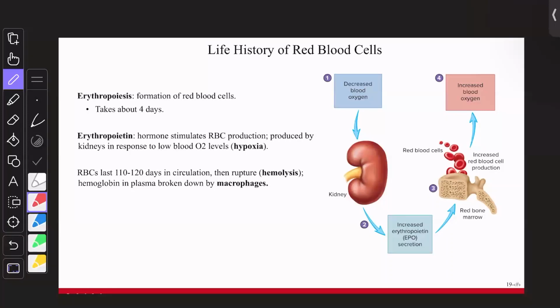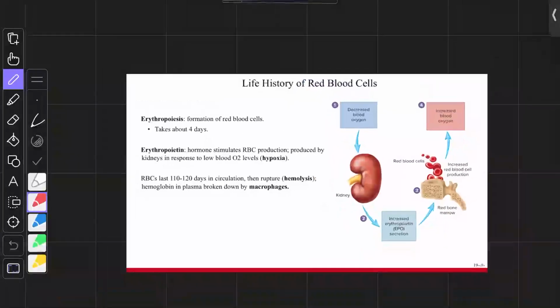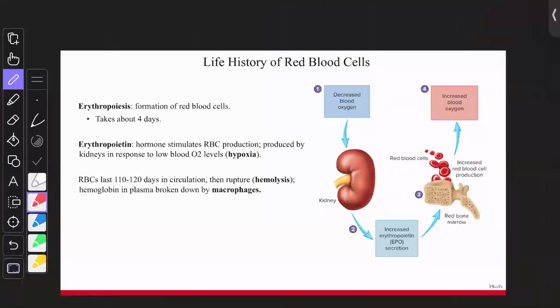So when we're talking about producing red blood cells, the first thing that's going to happen is this detection of a drop in oxygen. Where are we going to detect that? In the kidneys, yes. So the kidneys are then going to increase the production of erythropoietin.